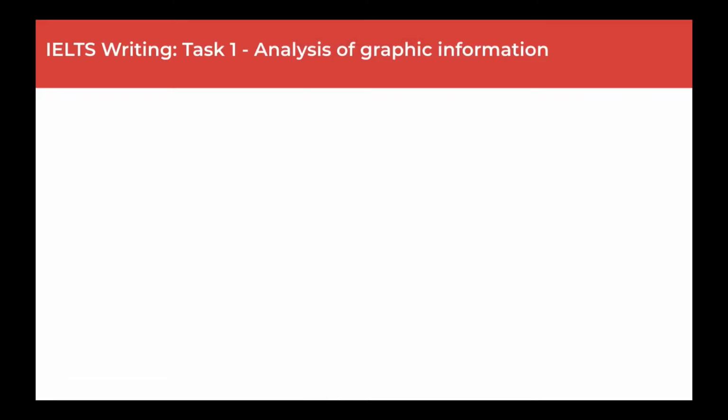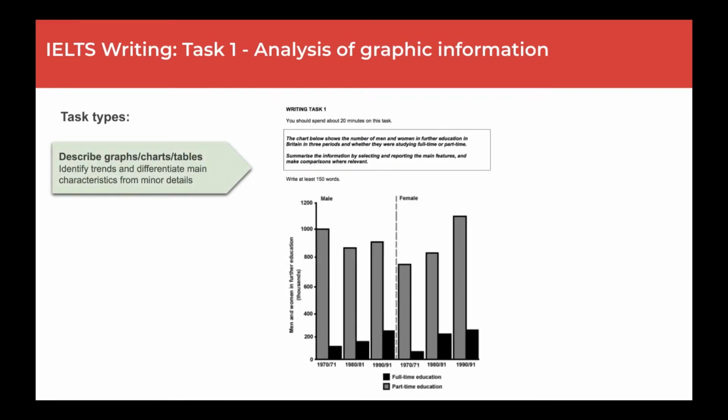To be able to write a successful essay, you need to know different types of tasks that you may encounter in writing task 1 and in writing task 2. Let's take a look at one of the examples. In this chart, you are offered, the chart shows the number of men and women in further education in Britain in 3 periods and whether they were studying full-time or part-time.